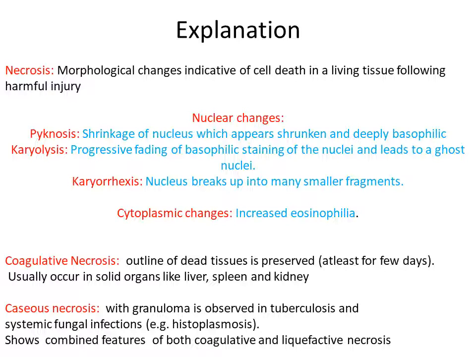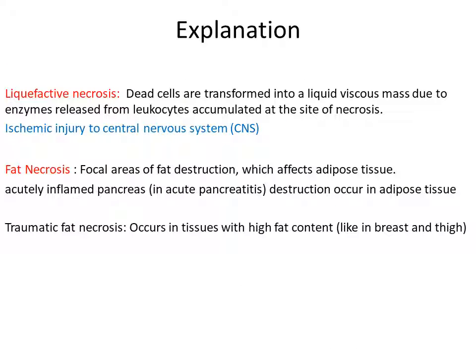So in some of the solid organs you can see a coagulative type of necrosis. What is a caseous necrosis? Caseous necrosis is usually seen in a granulomatous inflammation, for example tuberculosis and various fungal infections like histoplasmosis. It is a combined feature of both coagulative and liquefactive type of necrosis.